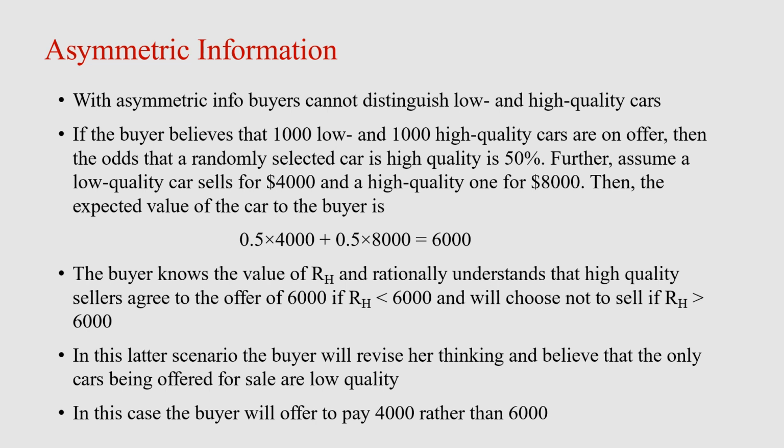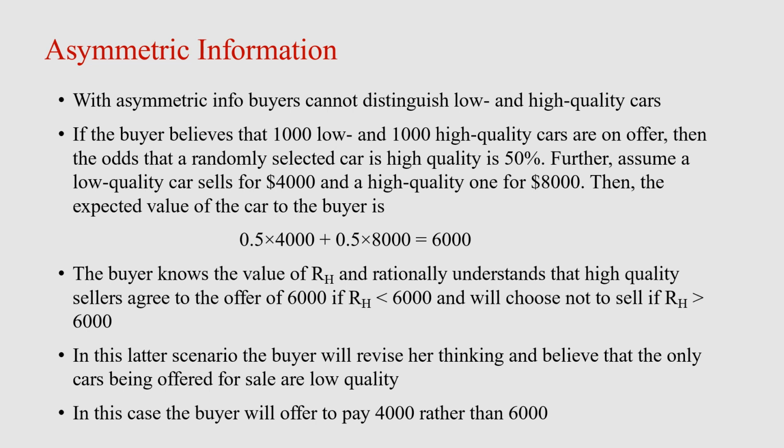The buyer knows the value of his or her reservation price, RH, and rationally understands that high quality sellers agree to the offer of $6,000 if the reservation price is less than $6,000, and will choose not to sell if their reservation price is greater than $6,000.